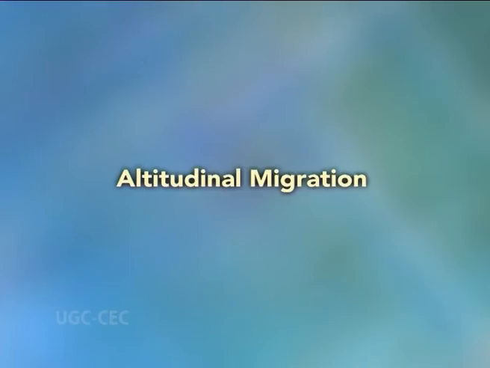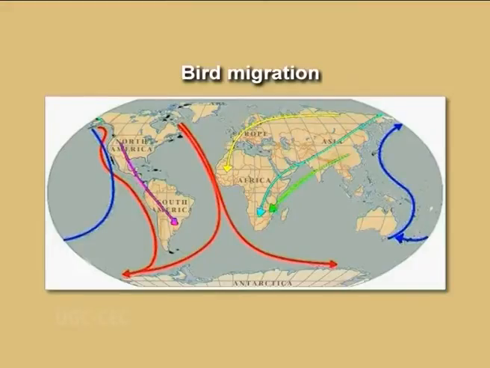The second type of migration is altitudinal migration, where birds show up and down movement on the mountain ranges. Mountain ranges are also covered with snow during winter, when the food availability is very less. So during winter, these birds move to lower altitudes and exploit the warmer climate of valleys.